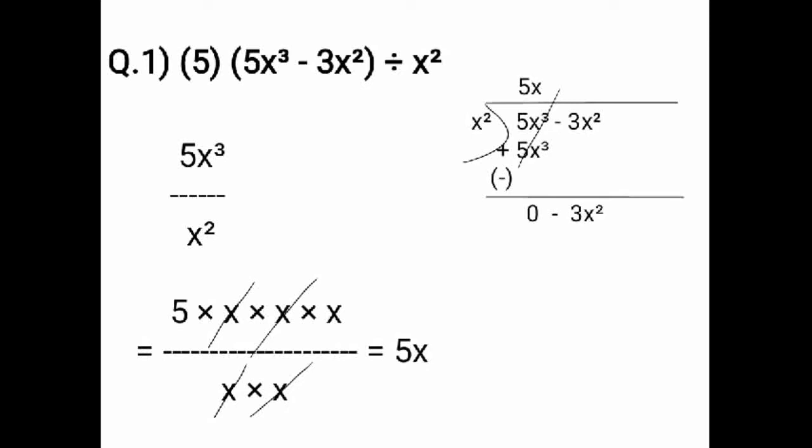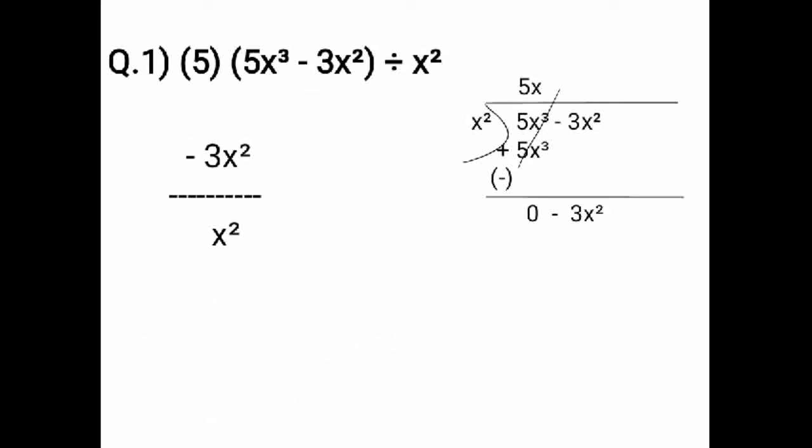Now you have to divide minus 3x square upon x square. Second term in the bracket is minus 3x square. Okay. Minus 3x square upon x square is equal to minus 3 into x upon x into x.